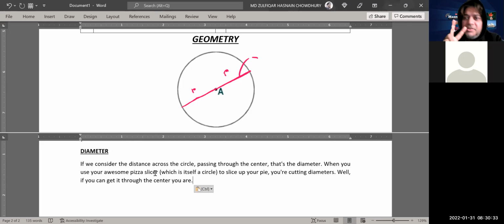So both are distances. One is a small distance, the other is a large distance. The distance between the center and any point is the radius.